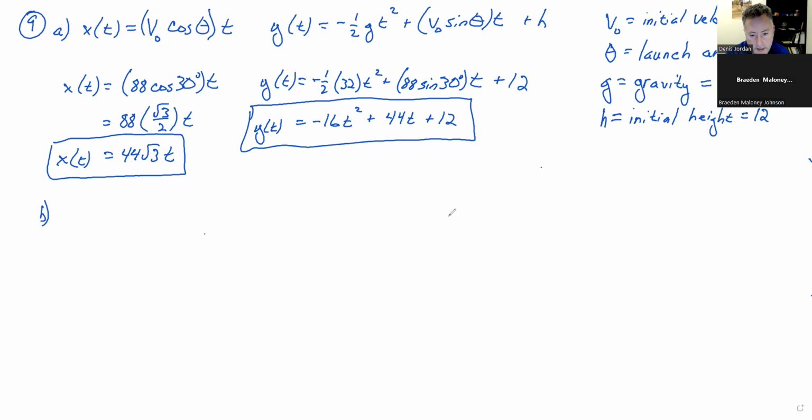So you can take your y equation, set it equal to 0, and then solve for time.